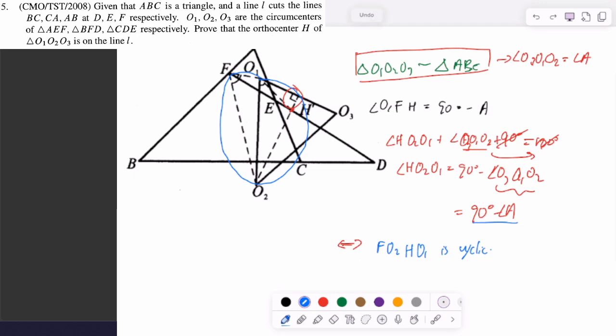Oh yeah, I even drew this circle wrong. I need to include this. Okay, yeah.